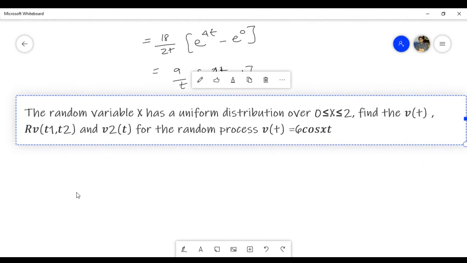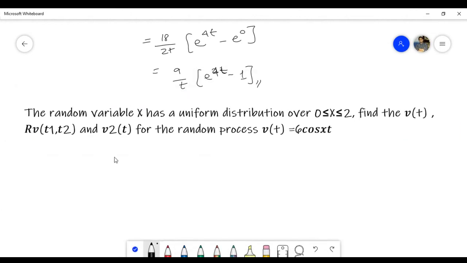Okay, so the same thing we have to find here. So first, we have to find v bar of t, which is equal to the expected value of v of t, which equals the expected value of 6 cosine(xt).